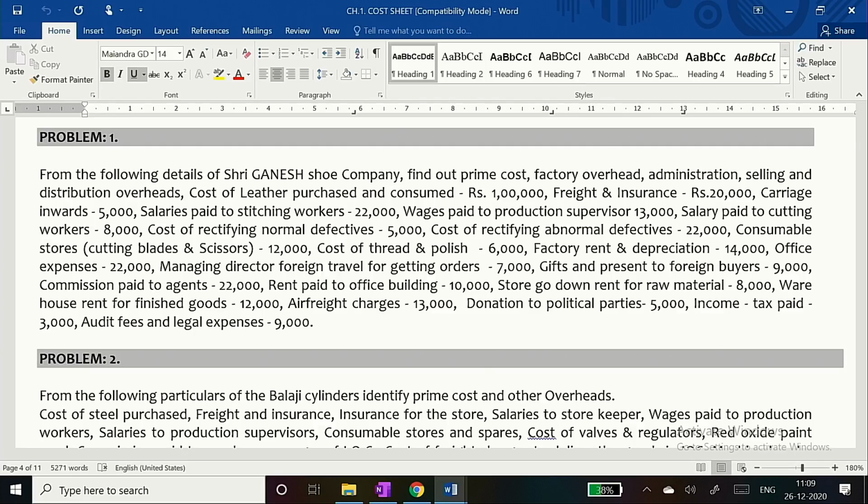Why? I'll give you a simple example. A person is staying at a distance of 1 hour from the CA Institute classes. Now 6:30 to 9:30 is the CA classes, let us say. So he will take 1 hour to come, 3 hours in the class, then he will go back 1 hour, 3 plus 2, 5 hours.